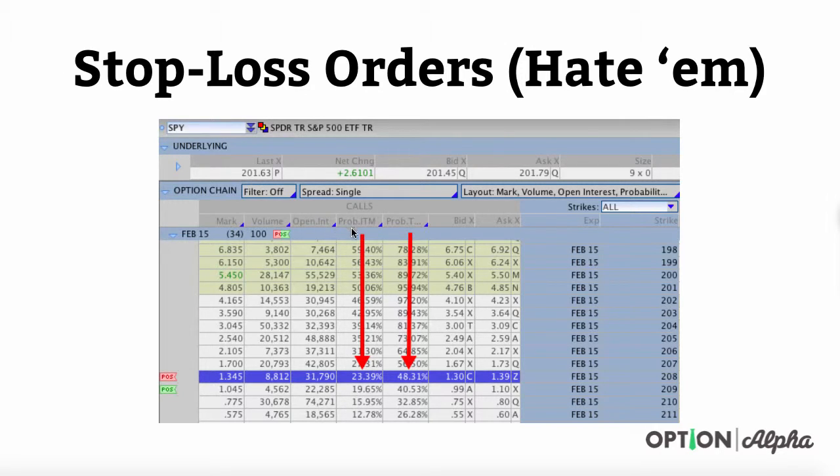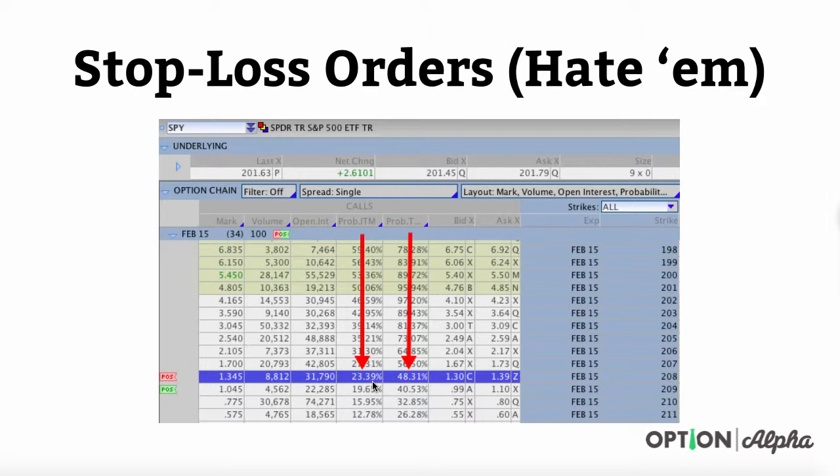Now the probability from the time that we enter this trade until expiration, which is about 34 days, the February expiration, of us losing on this trade, or SPY being in the money, meaning closing beyond our 208 strike, is just 23.39%.